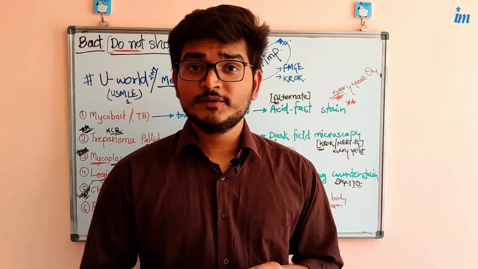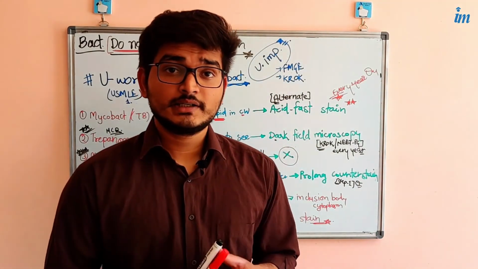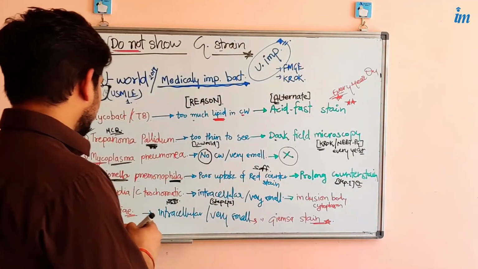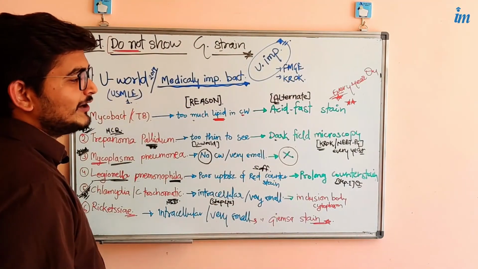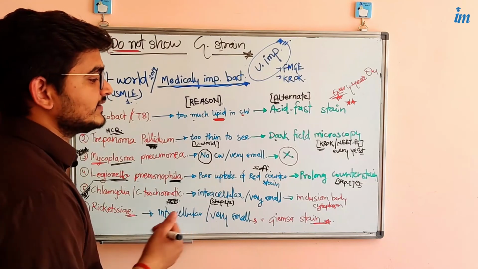Inclusion bodies are formed in a very effective way at the cellular level. I will give you a hint: blood cells.